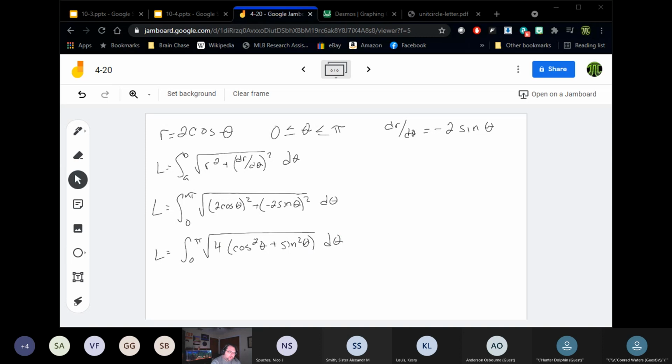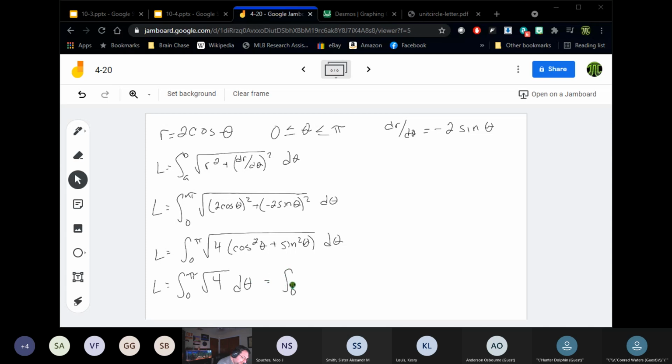Everybody see where I got to that point? Yep. All right, so now cosine squared theta plus sine squared theta is what? That's your Pythagorean identity, so that equals 1. So I just get the square root of 4.